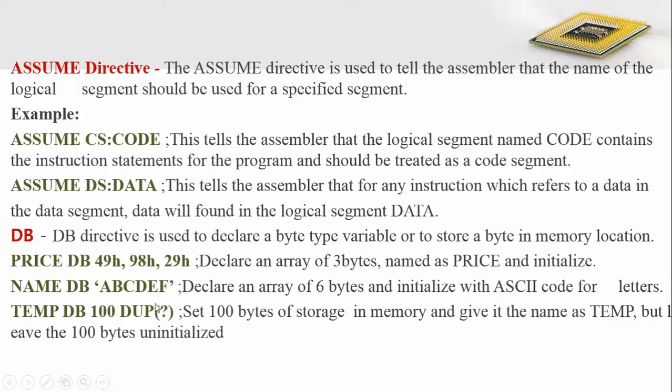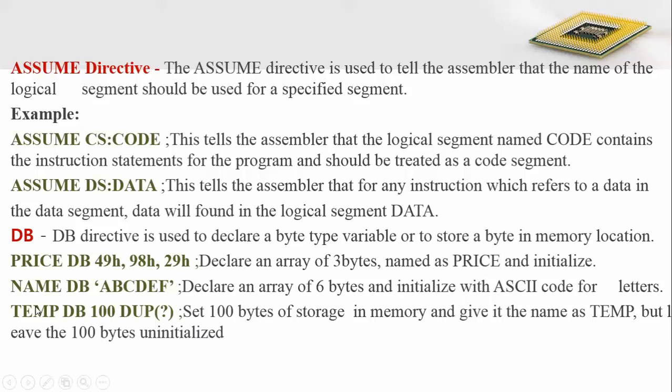But this DUP question mark indicates that we just need to allot 100 bytes in our memory, and there is no need to initialize these 100 bytes with any value. This question mark indicates that we just allot 100 bytes and keep them uninitialized.